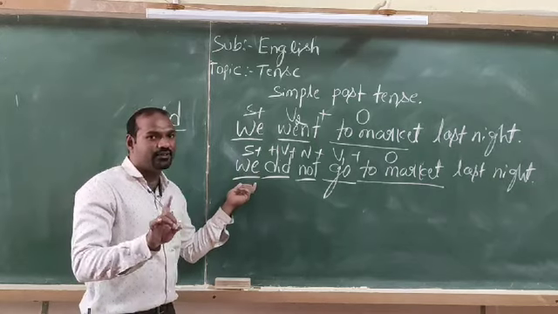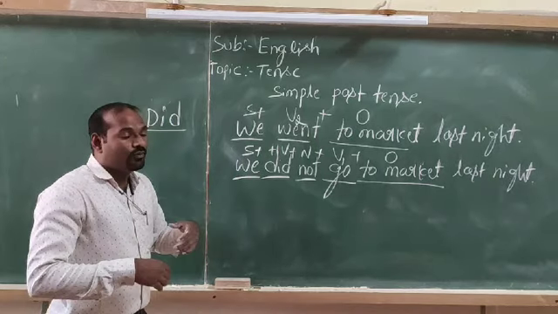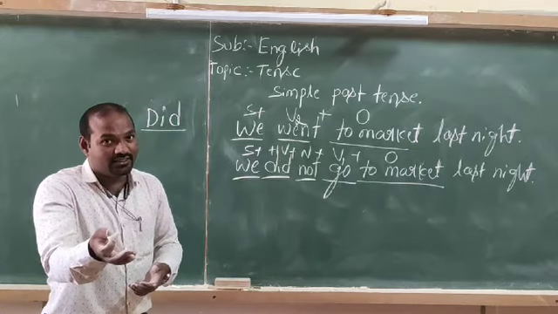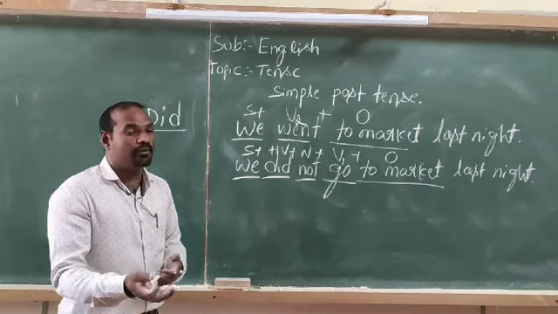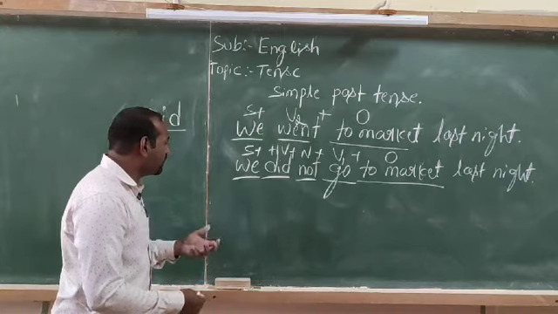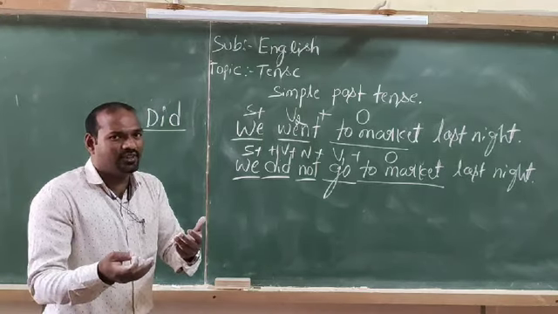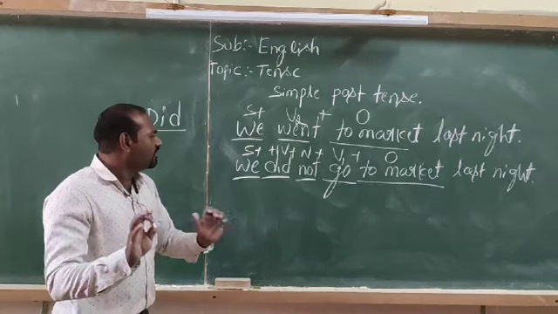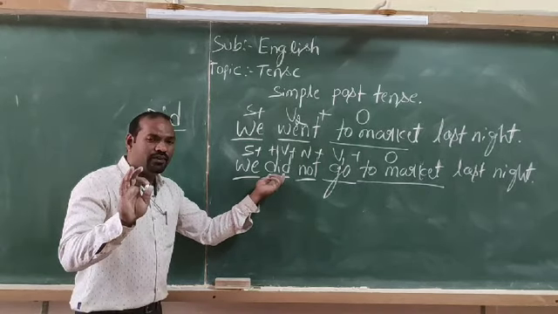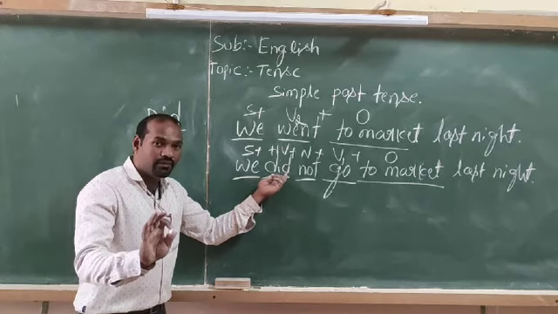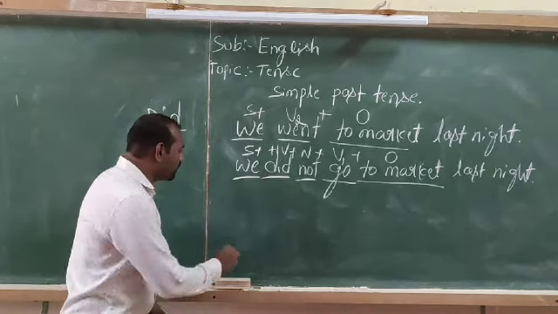Look here, this is the negative structure. And when we change the positive sentence to the interrogative sentence, which is also called a yes or no type of sentence, I already told you how to frame it easily. We have to begin the sentence with the helping verb. Here, did is the helping verb.